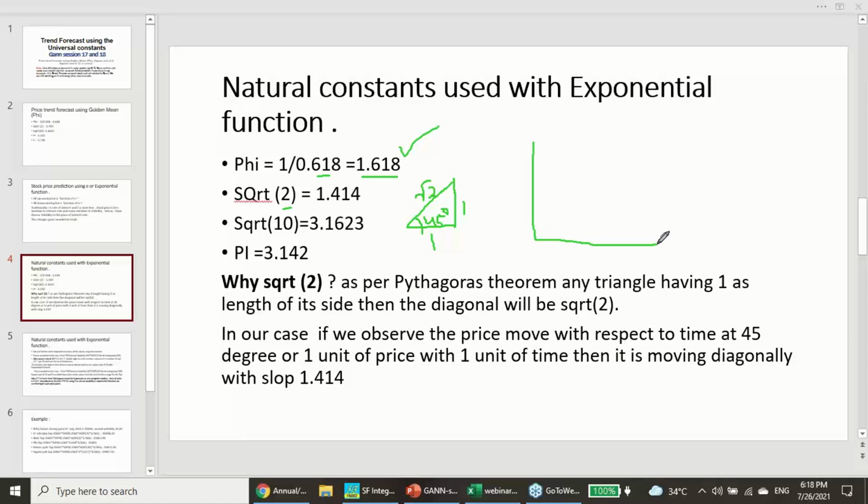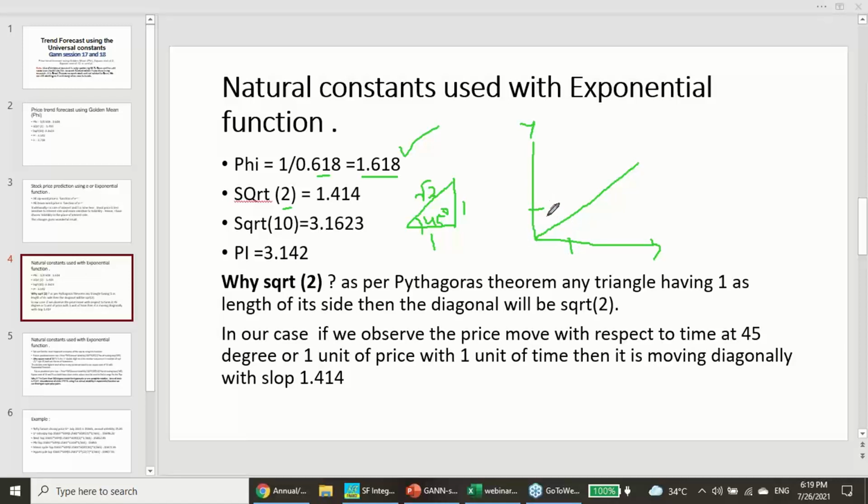Your price-time graph is nothing but an arrangement of time on the x-axis and an arrangement of price on the y-axis. So when I say 45 degree trend line, this is the most important trend line in your price-time graph. It is the smallest trend line which can be drawn with 1 unit of base and 1 unit of height, meaning 1 unit of time movement with 1 unit of price movement.